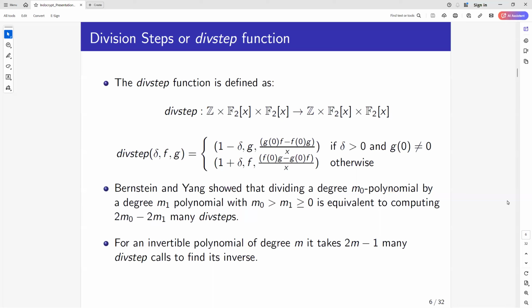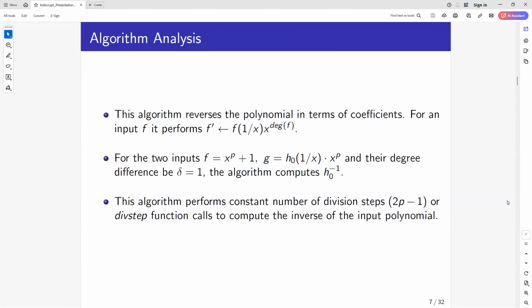To invert a polynomial, we need 2m minus 1 div step calls. What they do is reverse the polynomial, meaning the most significant term becomes the least significant and vice versa.